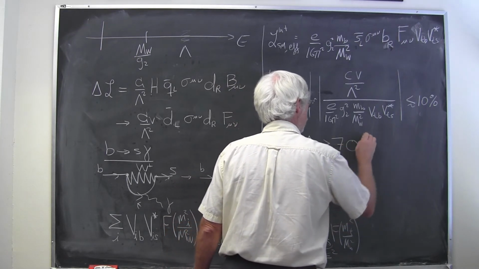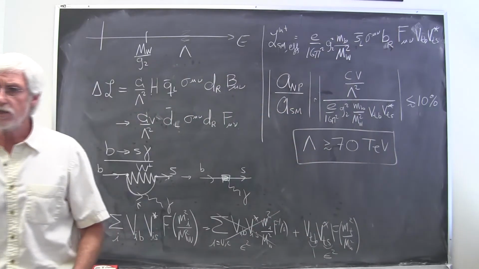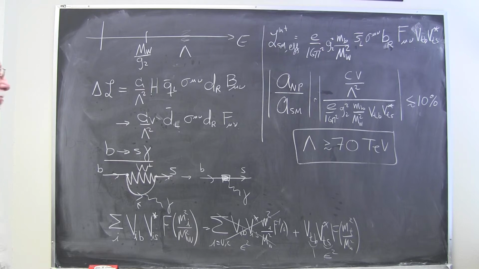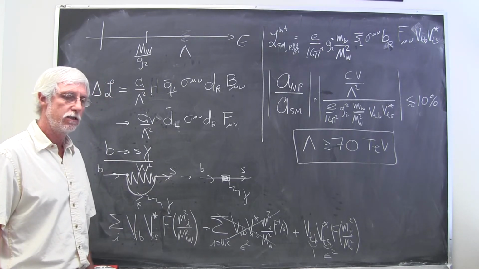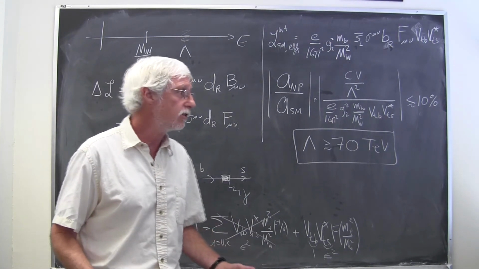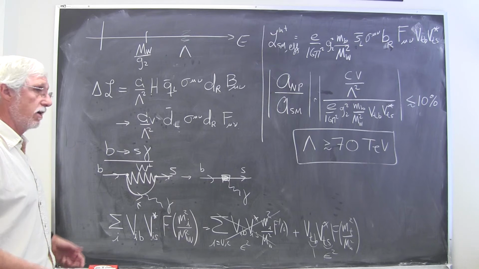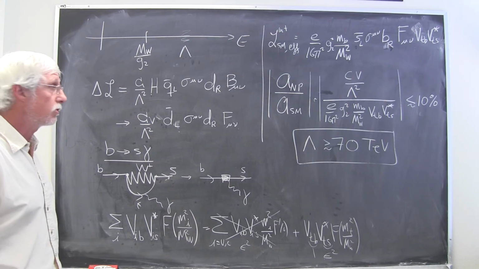you'll find that lambda is required to be bigger than about 70 TeV. Now this is a huge scale. 70 TeV is well beyond what we can imagine doing in a collision at a high energy collider. Certainly nothing we can do now, but nothing we can do in the foreseeable future.